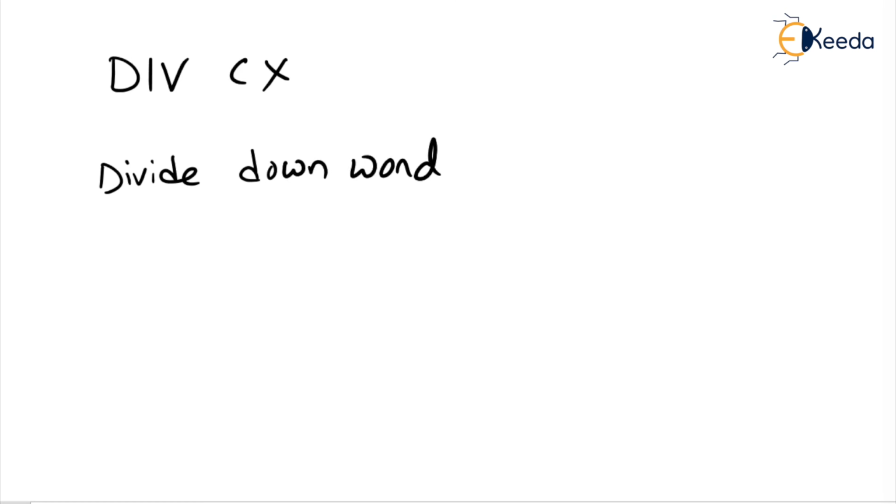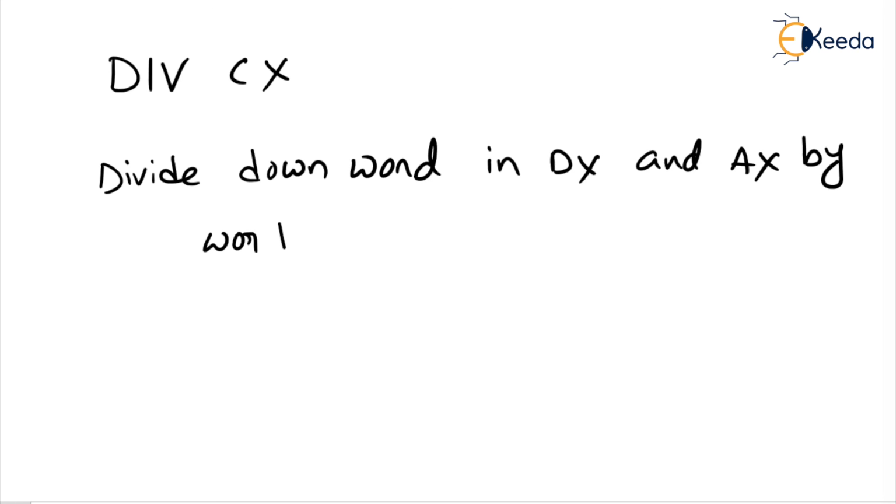Same for 16-bit: DIV CX. That means divide the double word in DX and AX by the word in CX.